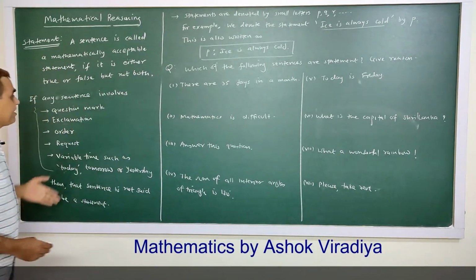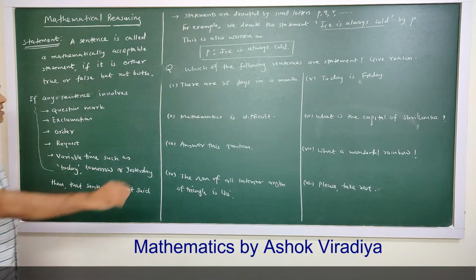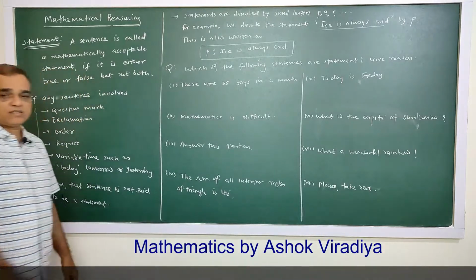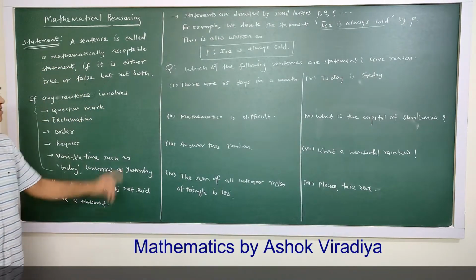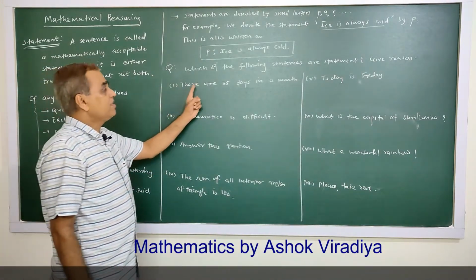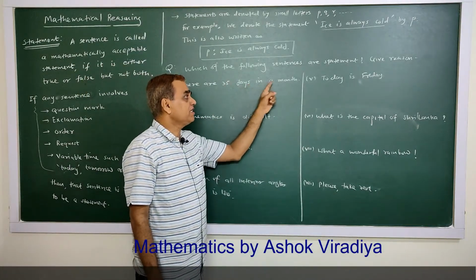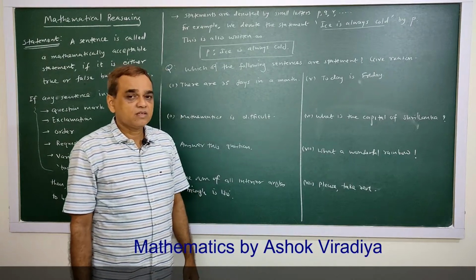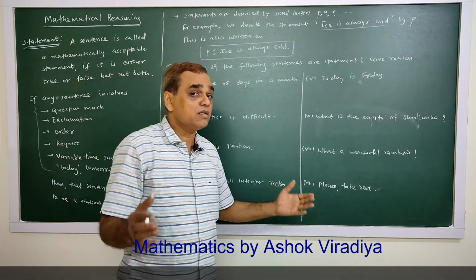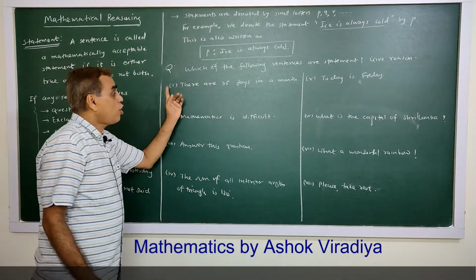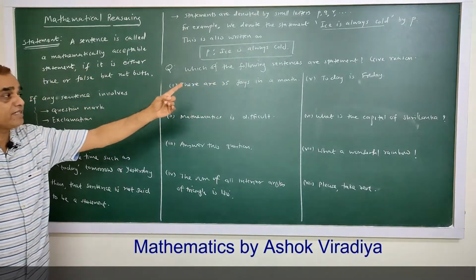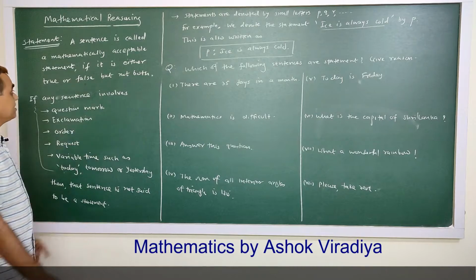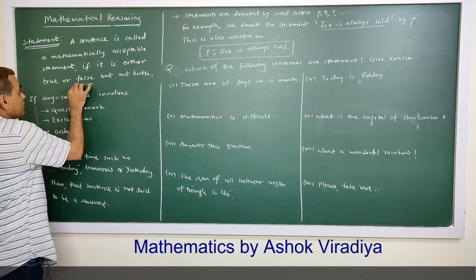Now a question on this definition. Which of the following sentences are statements? Give reason. First sentence: there are 35 days in a month. This sentence is always false.